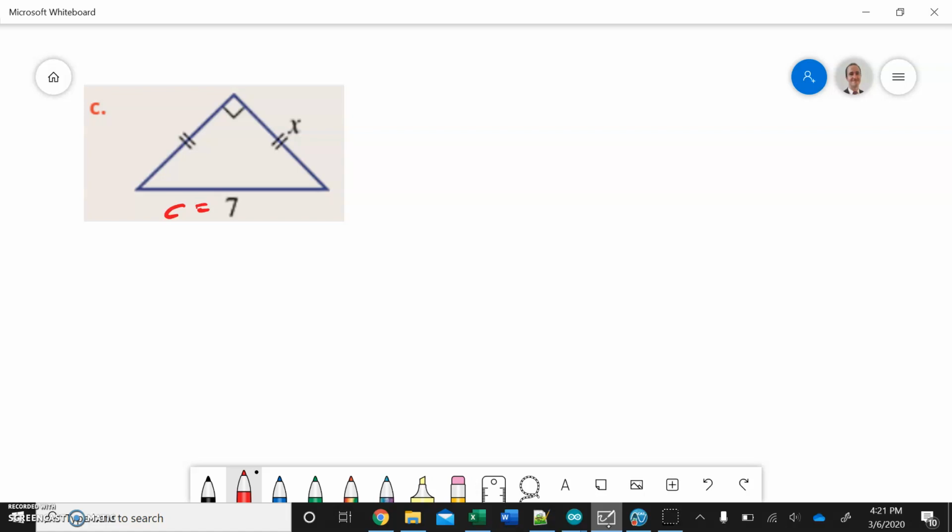So let's just start again by writing out the formula. A squared plus B squared equals C squared. Now instead of A and B, we're just going to have x. So we're going to write x squared plus x squared, because they are the same, equals, and now instead of C, we're going to write 7 squared. Evaluating the left-hand side, what is x squared plus x squared?